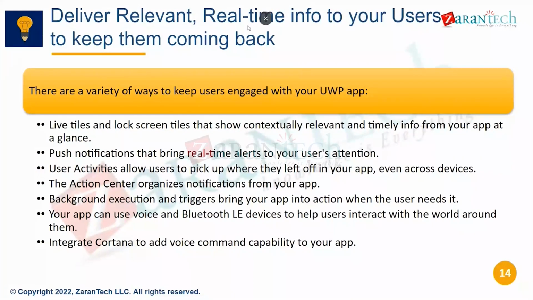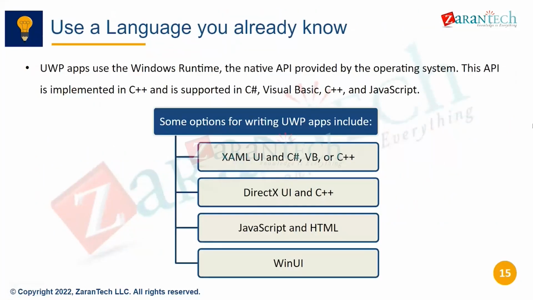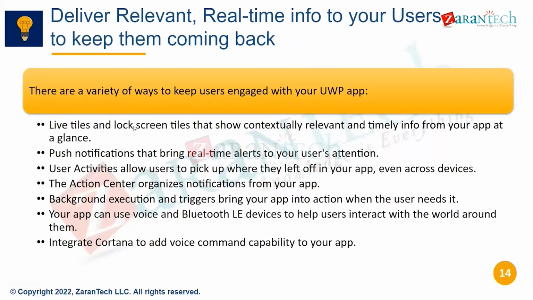Deliver relevant real-time info to users to keep them coming back. Same thing, how you can engage with your app. You have live tiles and lock screen tiles. Live tiles give you insights; I think we have already talked about that. And lock screen tiles, I think you all have the Outlook application in your system already.